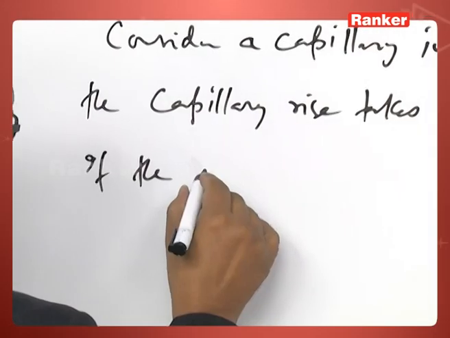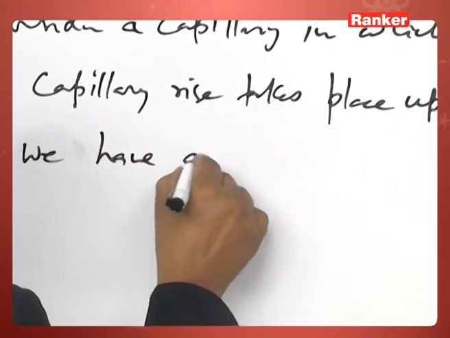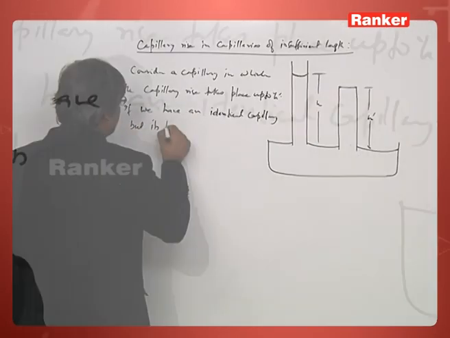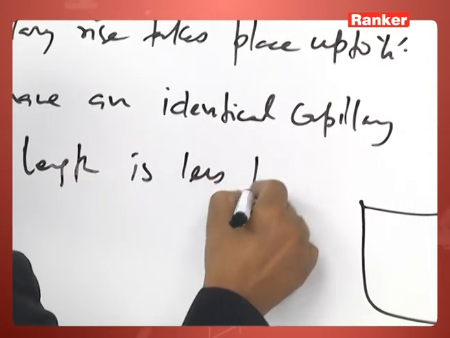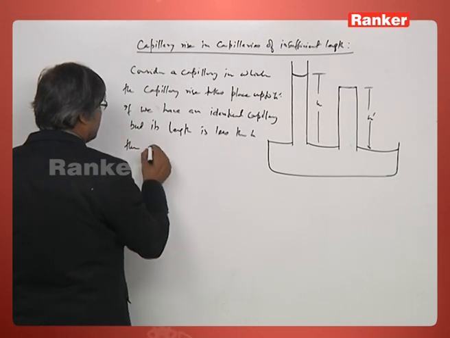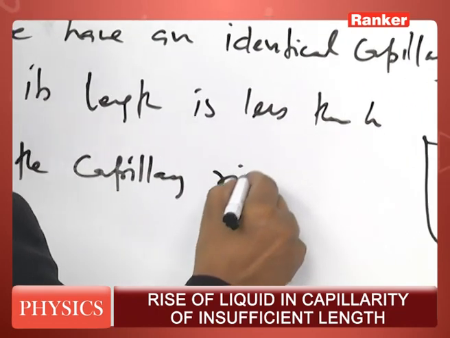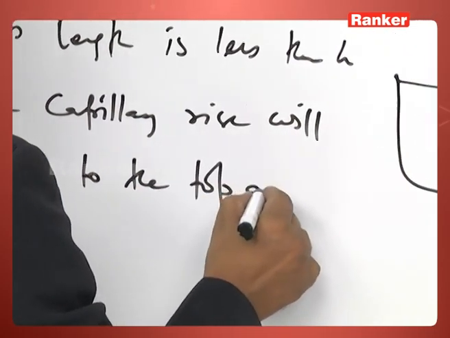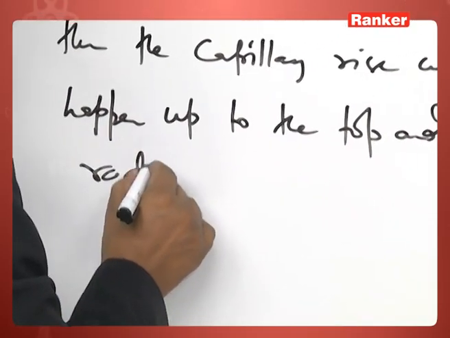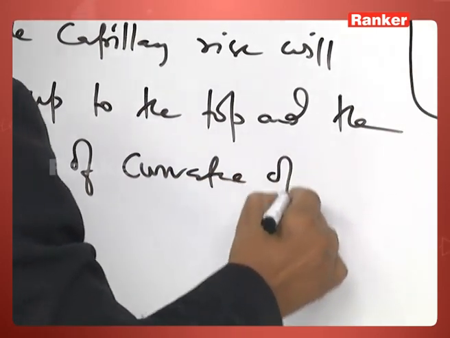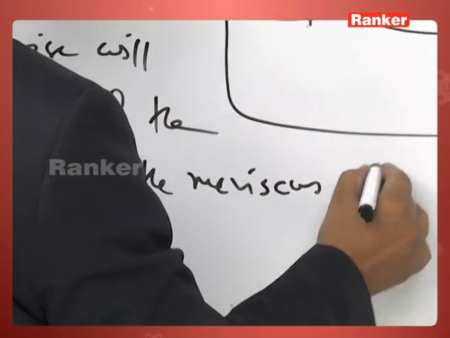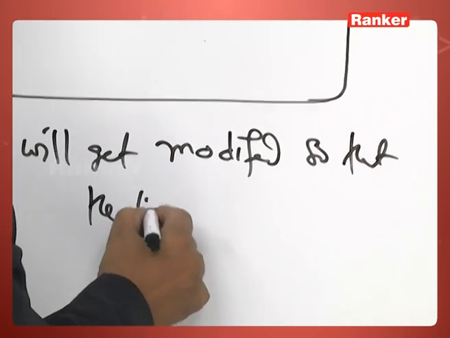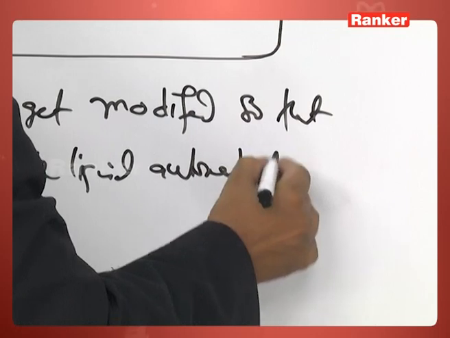Now if we have an identical capillary, but its length is less than h, then the capillary rise will happen up to the top, and the radius of curvature of the meniscus will get modified so that the liquid automatically does not come out.